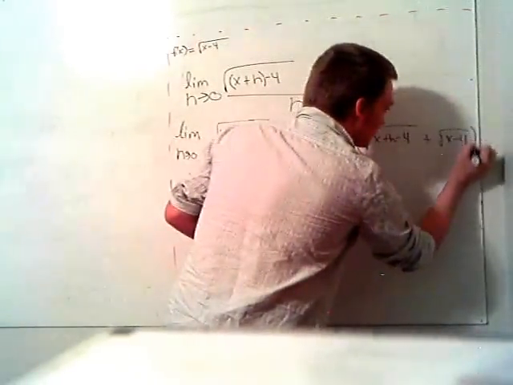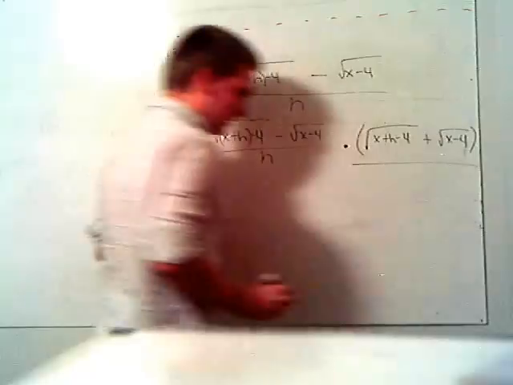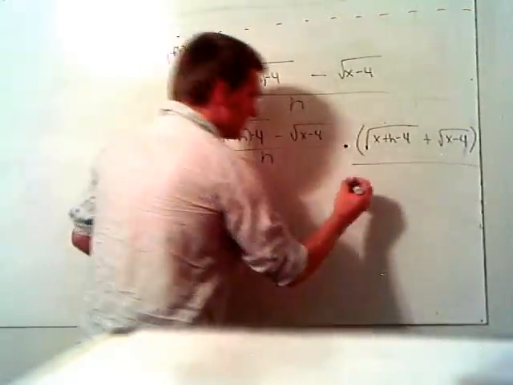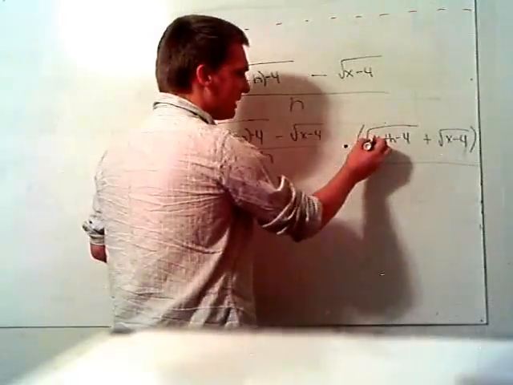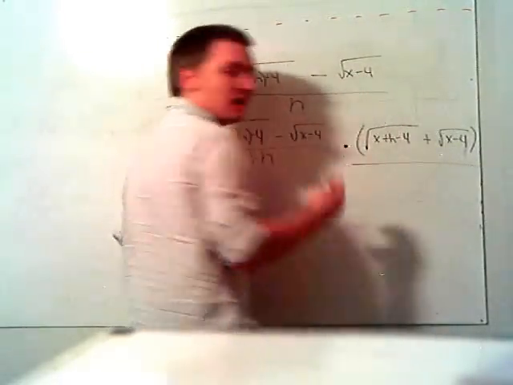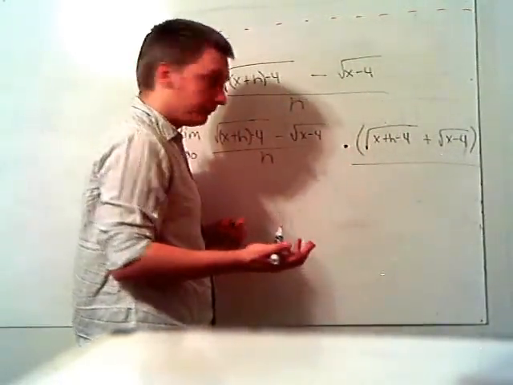I'm going to give it parentheses, so we know to multiply the whole thing. Of course, since we're multiplying by 1, we're multiplying by this over this, because anything over itself equals 1.